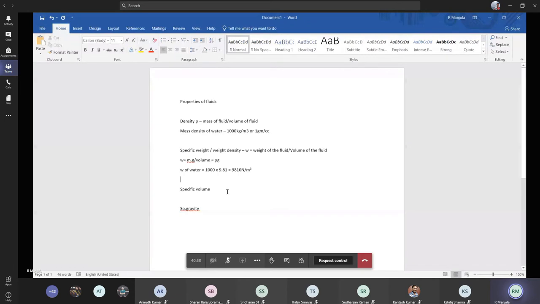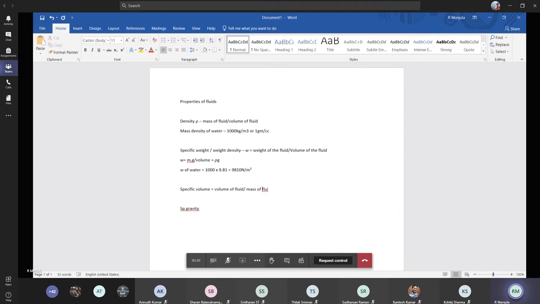It is the volume of fluid divided by the mass of the fluid, or you can say it is the reciprocal of mass density, not weight of the fluid.